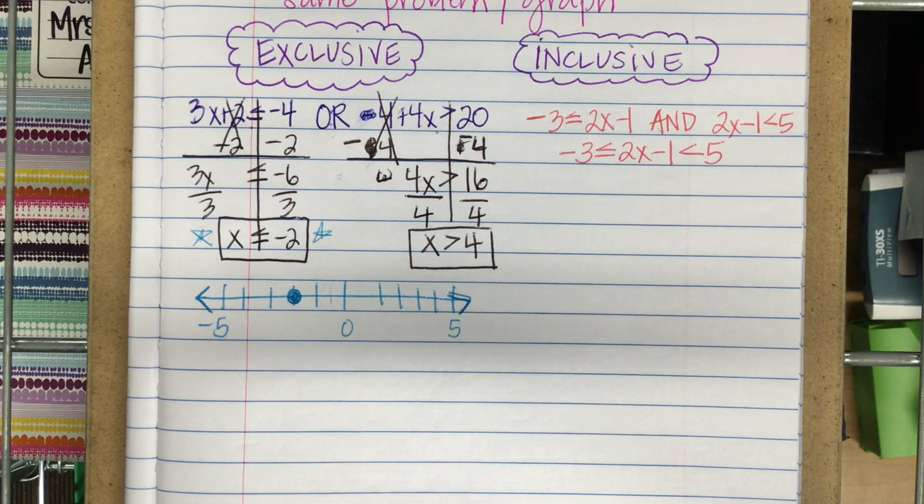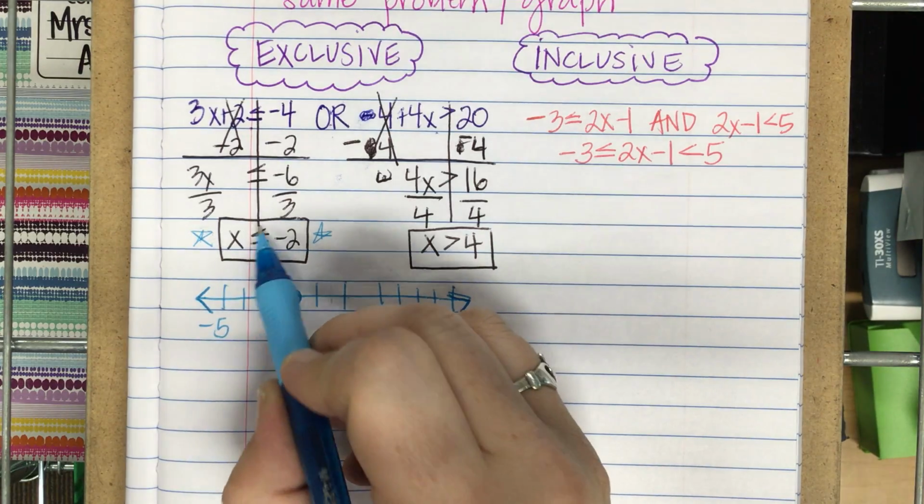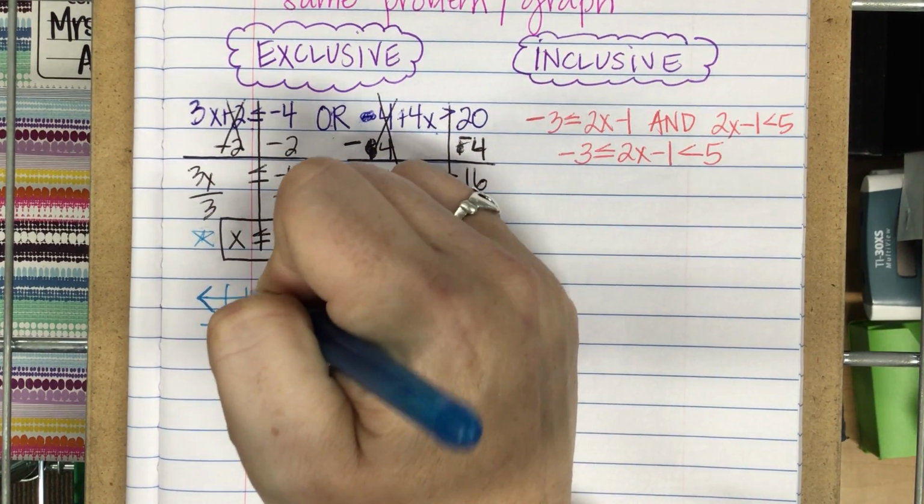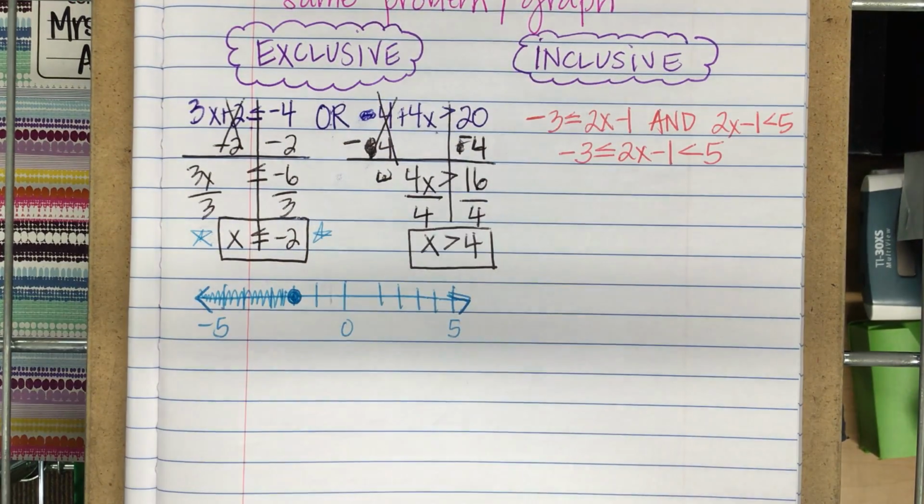Do I shade to the right or to the left? X is less than, so I go to the left. Did the first one. Do you agree?